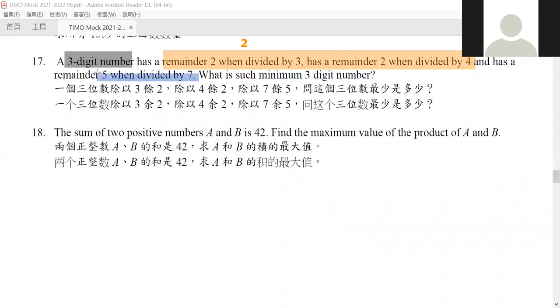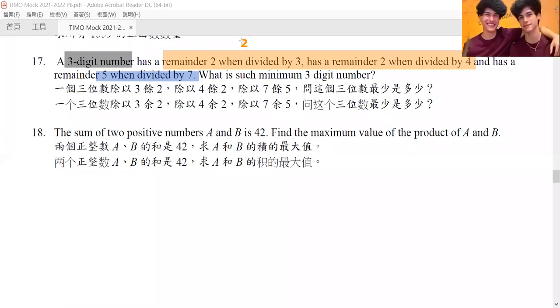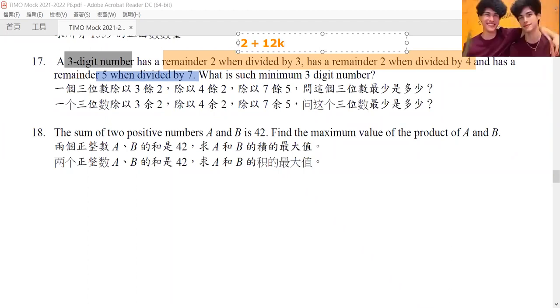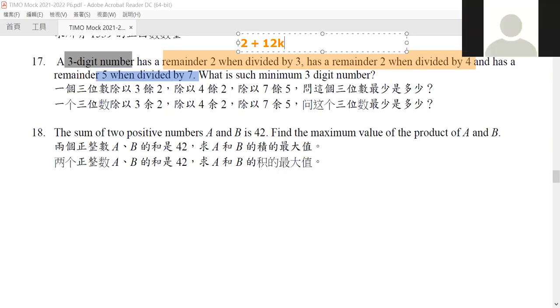If we want a number that divided by 3 has remainder 2 and divided by 4 also has remainder 2, it will be 2. But what are all the other numbers? After this, it will be 2 plus a multiple of 12, because if we subtract a multiple of 12 from it, it will have a remainder of 2.